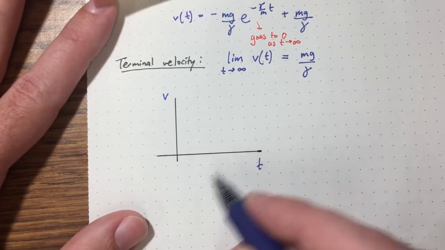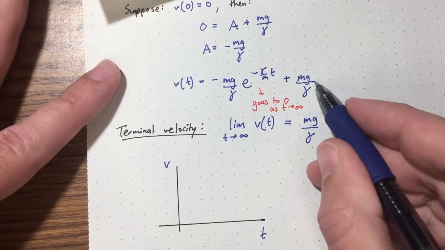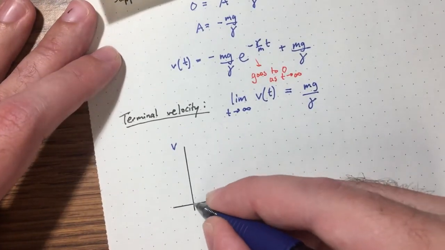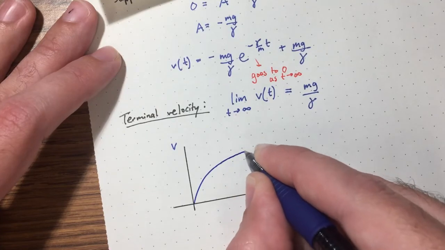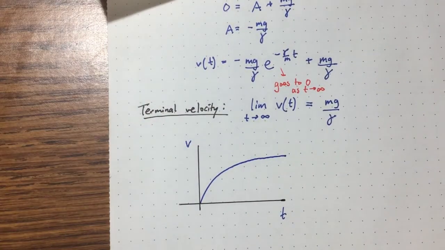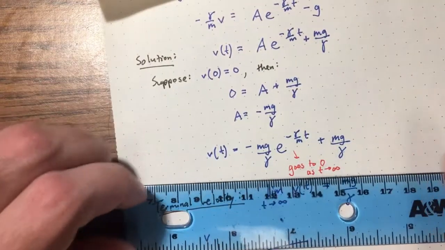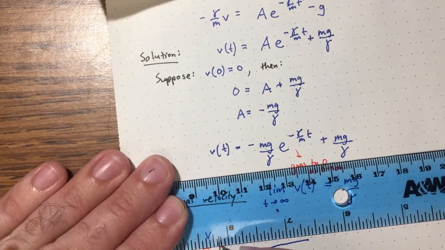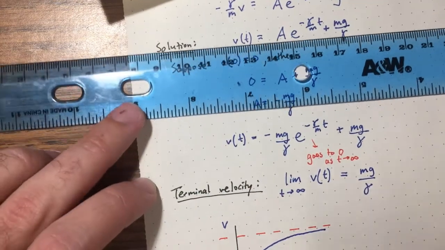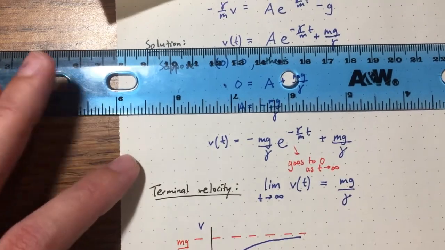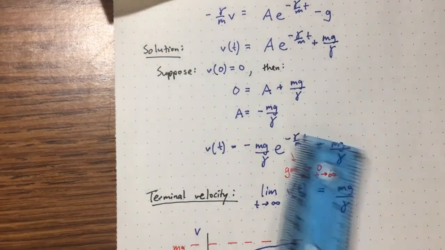So it's going to go something like this. That's what this function looks like. And there's going to be this imaginary line that it's approaching, and that was what we found to be mg over gamma.